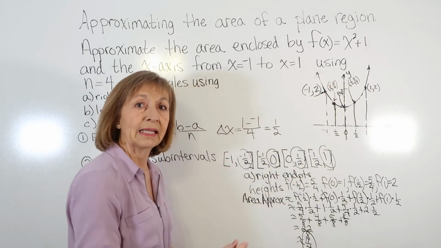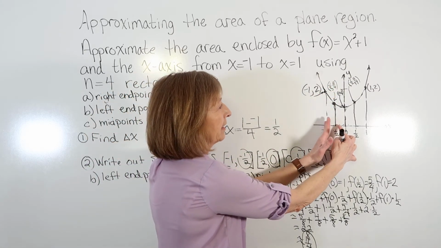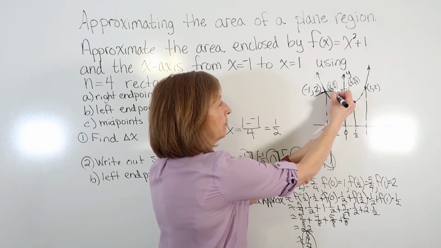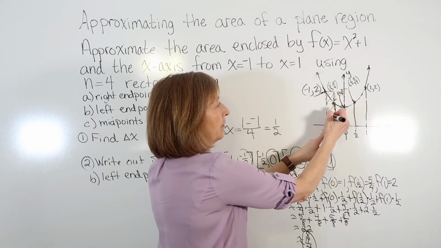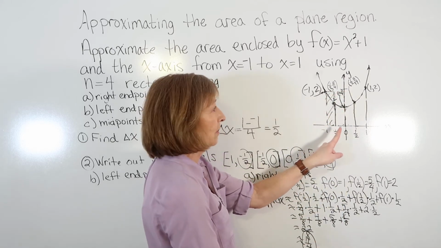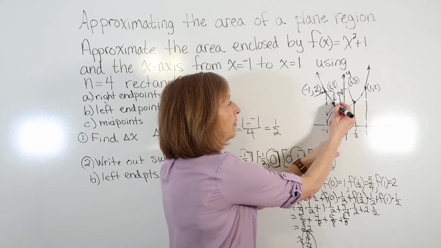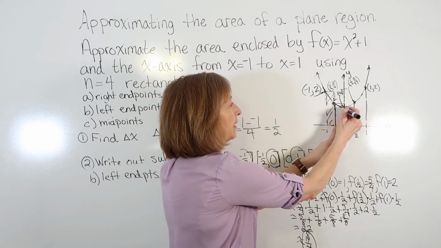Now, left endpoints, that's this left hand. We're going to follow it up to the dot, horizontal over, and then back down. So that's the rectangle. And then the left endpoint, follow it up to the curve, horizontally over to the right, and back down.